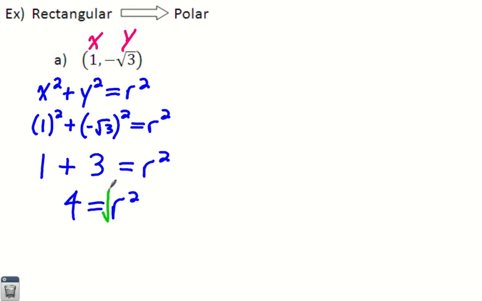And so the final move would be, take the square root of both sides. And, in a vacuum, you technically get plus or minus 2. But here, remember back from Unit 1, the radius is always positive. So that would be my radius value. And then we use this.